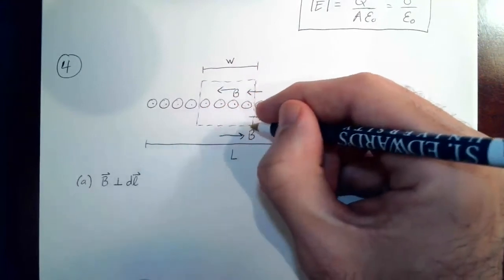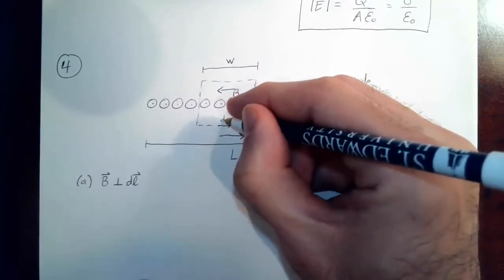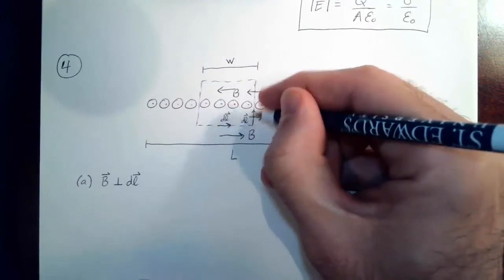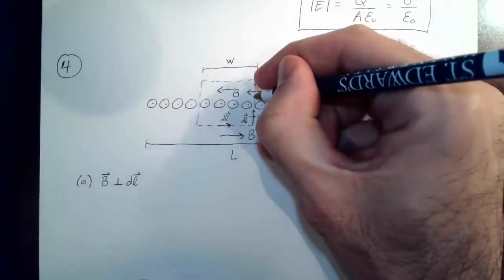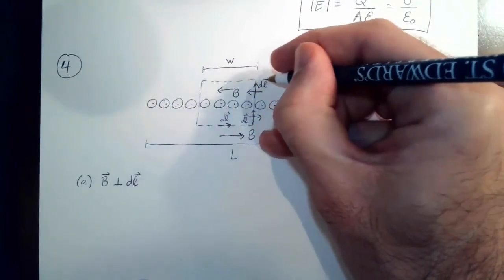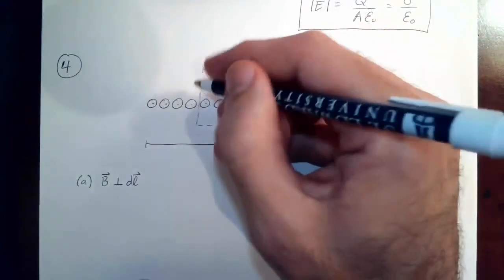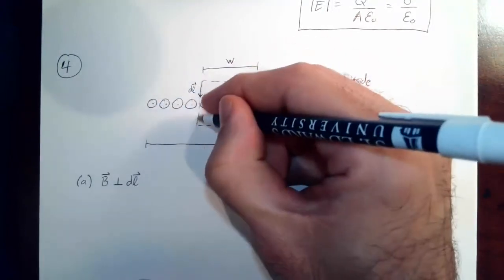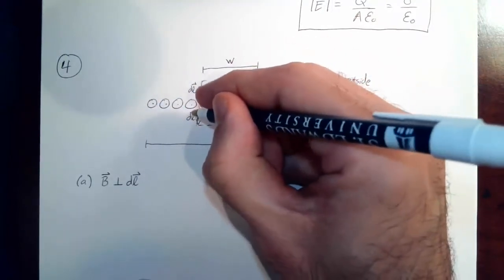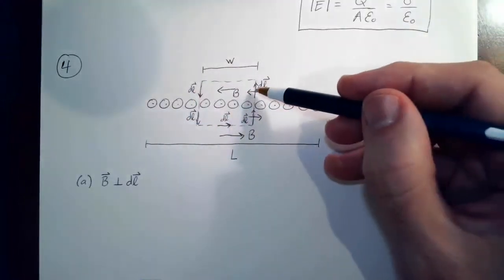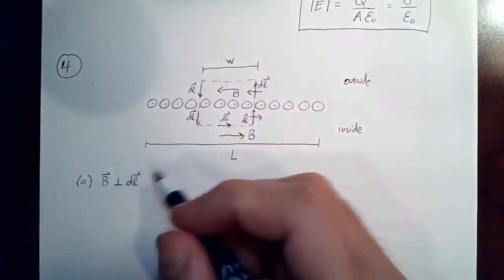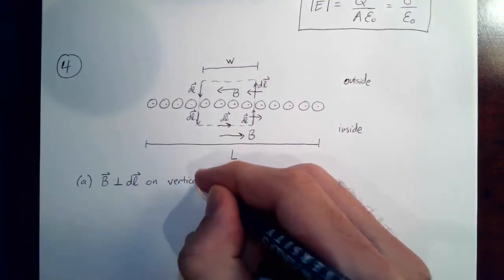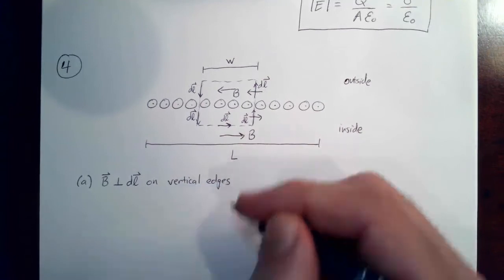But we're traversing this loop in the counterclockwise direction. So right here, we're going up when the magnetic field is to the right. Here, we're going up when the magnetic field is to the left. And then we can make all the same arguments over here. So dl is perpendicular to B on what I'll call the vertical edges of our Amperian loop.